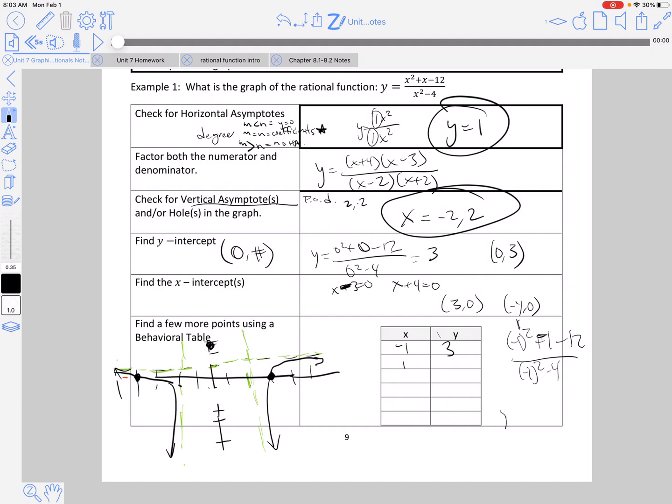When we plug in a 1, that's supposed to be a minus. So it looks like we have 1 squared is 1, plus 1 is 2, 2 plus 12 is 14, 14 divided by 4 is not a nice number, but they're both divisible by 2, so about 7/2-ish, right?